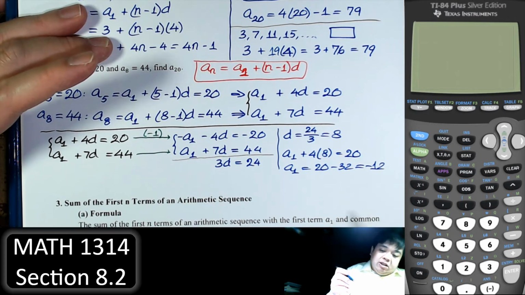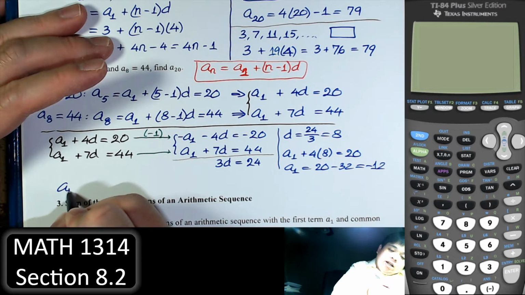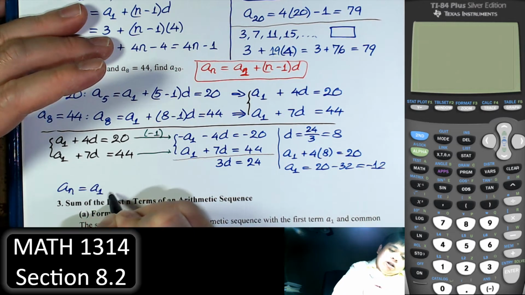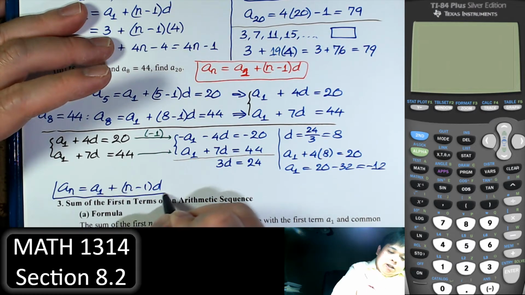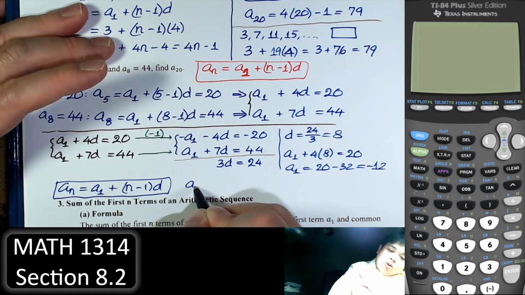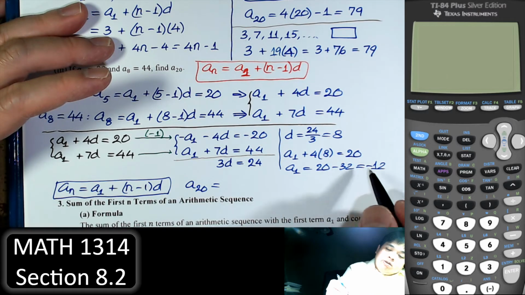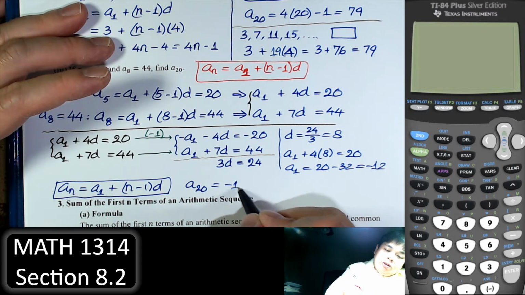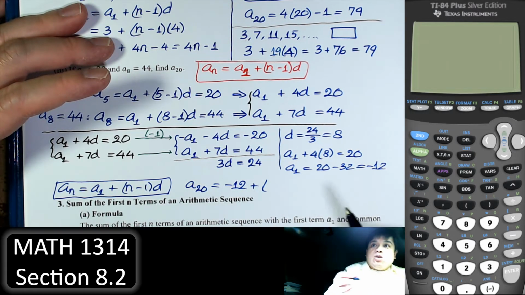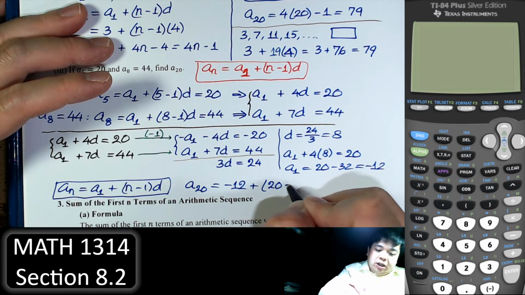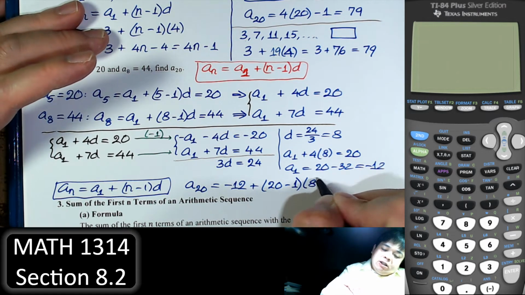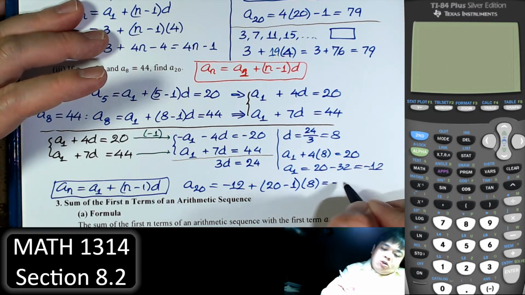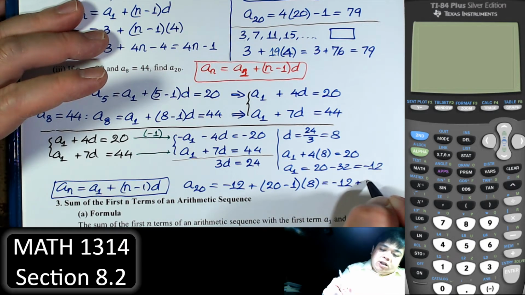This is easy, right? A sub n equal to a1 plus n minus 1 times d. So now the 20th term is, the first term is negative 12 plus n minus 1. N is 20 minus 1. Common difference is 8. So we have minus 12 plus 19 times 8.